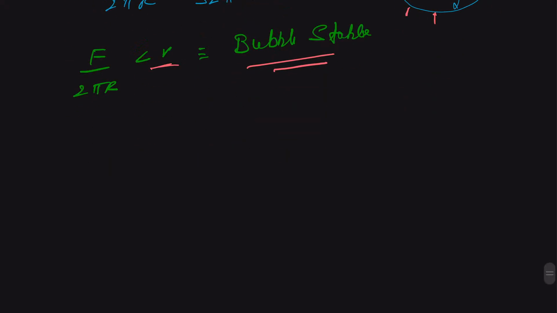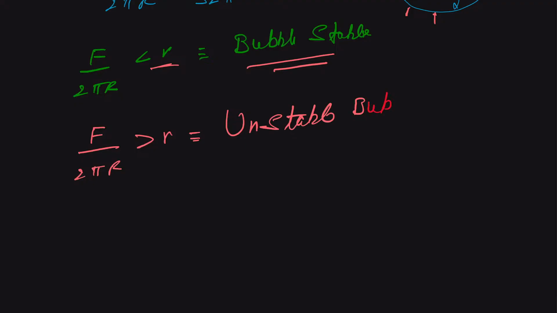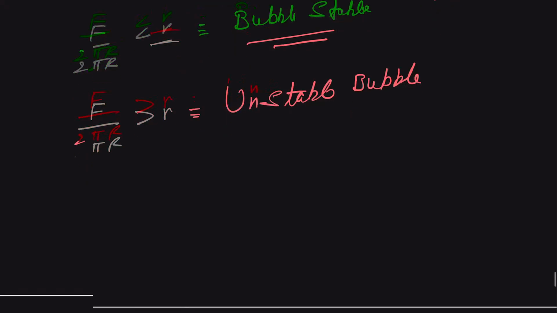But if the condition is reversed, so F upon 2 pi r is greater than gamma, that is surface tension, we are going to get an unstable bubble. This instability can result in the bursting of the bubble, or it can also lead to a deformation of the bubble. There are only two possibilities.